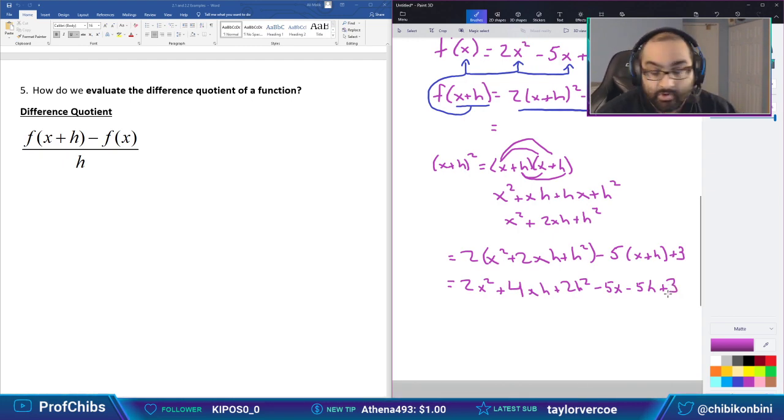Notice there are no like terms here. Again, this is just taking care of the f of x plus h portion. We haven't done everything else that's part of the difference quotient. We just took care of the first part. But before we move forward, are there any questions about how I found f of x plus h?